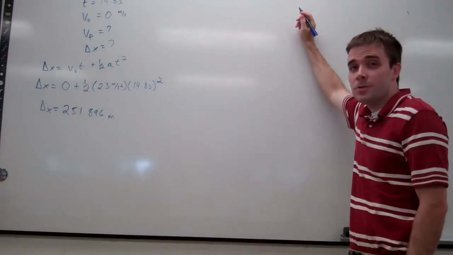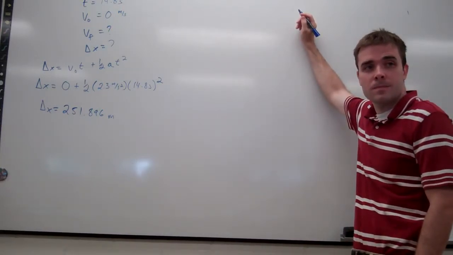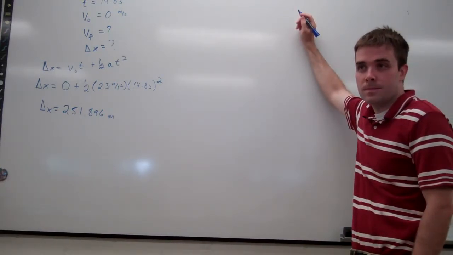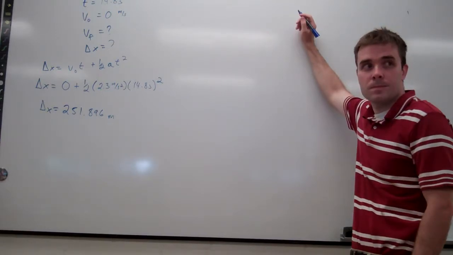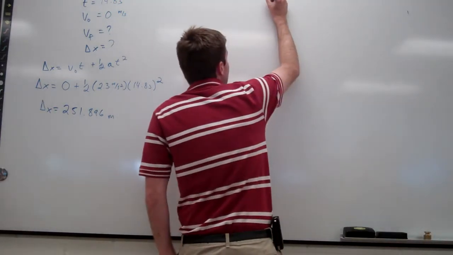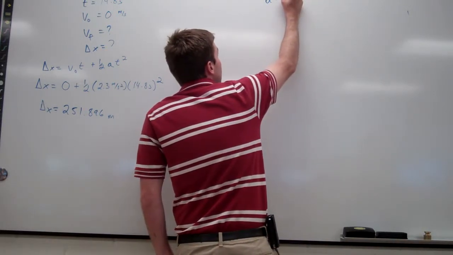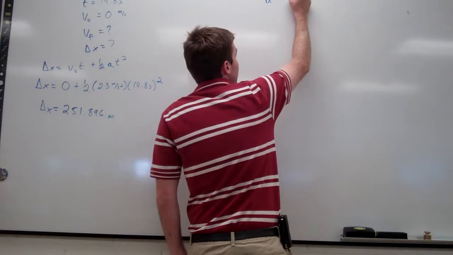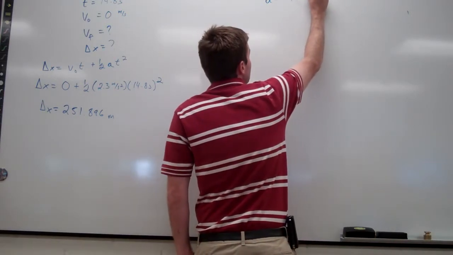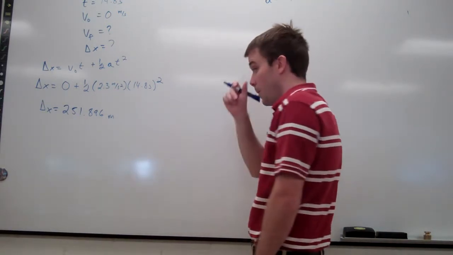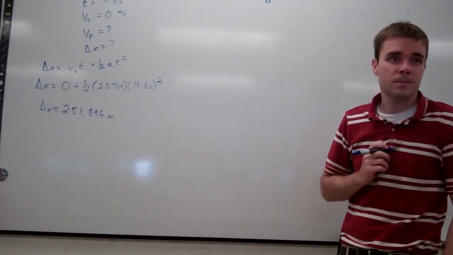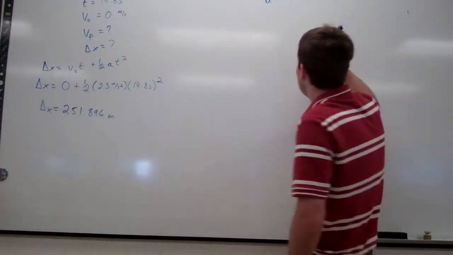Alright, what do we know in part 2? Acceleration. Yep, we know the acceleration is what? 4.8. Yep, is it negative? Yep, slowing down, so negative 4.8 meters per second squared. What else do we know in part 2? Final velocity. Yep.